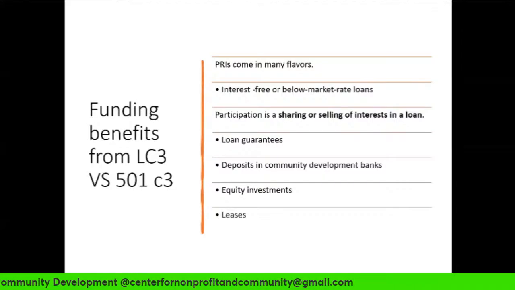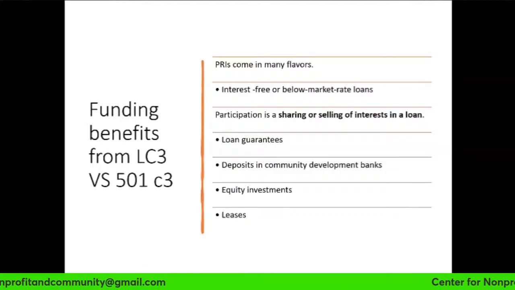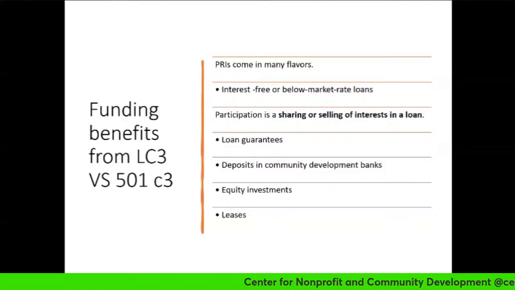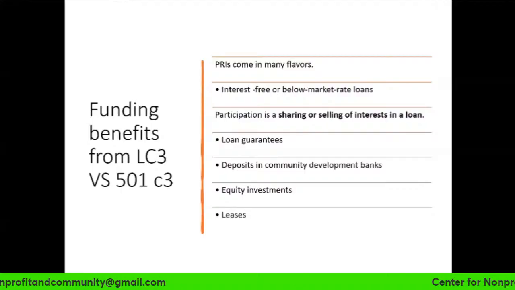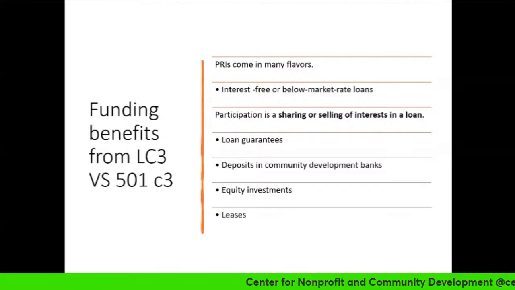Unlike a normal for-profit organization, an L3C gets the special privilege of being able to get from banks what's known as a program-related investment. What's unique about this is that almost all of these loans are either interest-free or below market loan rate.